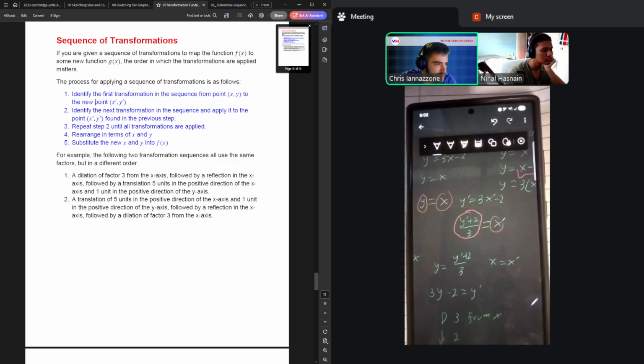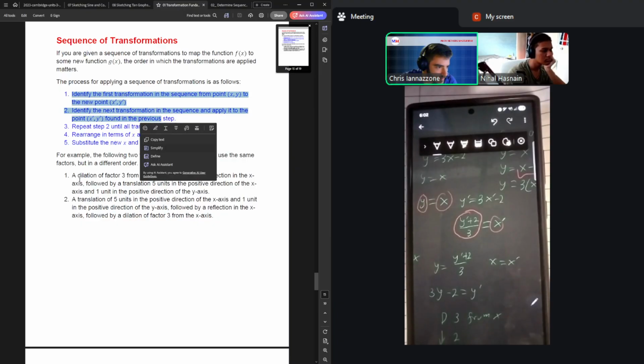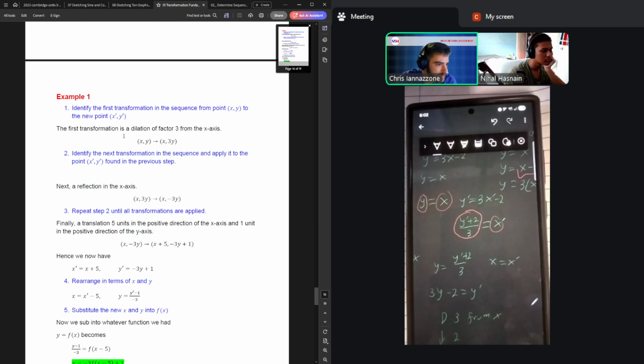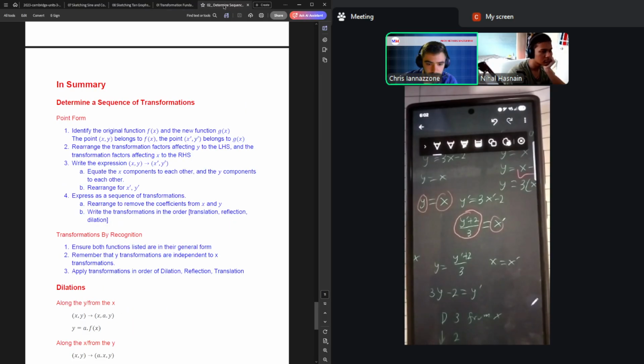That's when you're following procedure one: get your x dash, y dash sorted first, and then shove it into a function. The other type of question is where you have two functions, you know nothing about the transformations beyond what you could maybe glean from looking at it, and you're told to figure out what's the sequence, or what's a sequence, that gets you from one to the other.